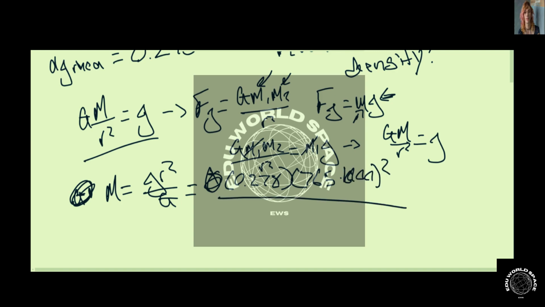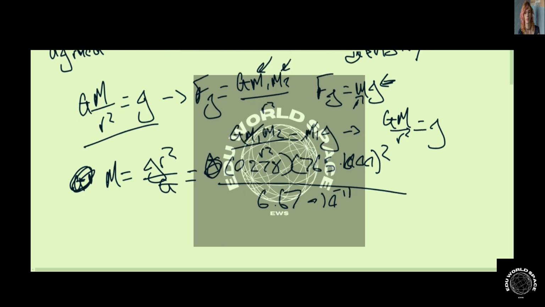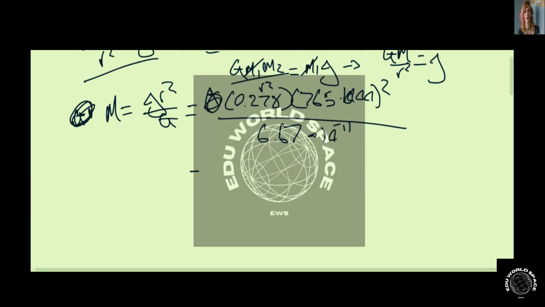The gravitational constant is 6.67 times 10 to the negative 11th. And whenever you do all of that, you're going to get that the mass is equal to 2.44 times 10 to the 21 kilograms.